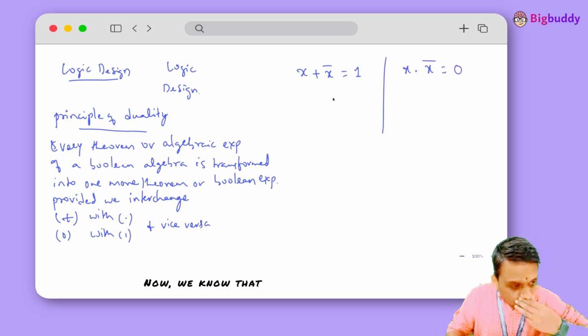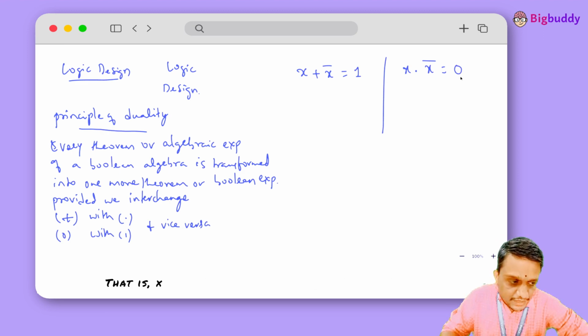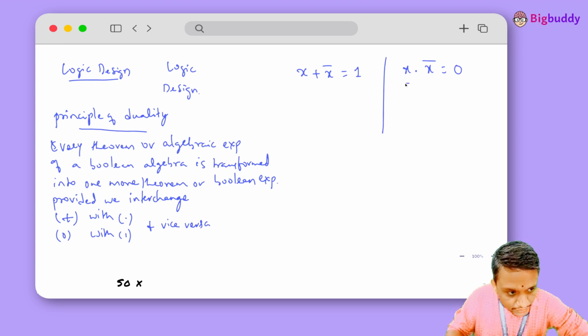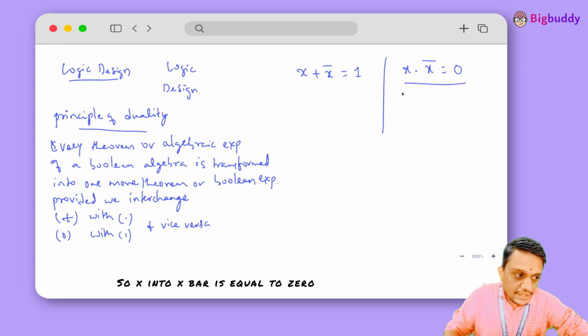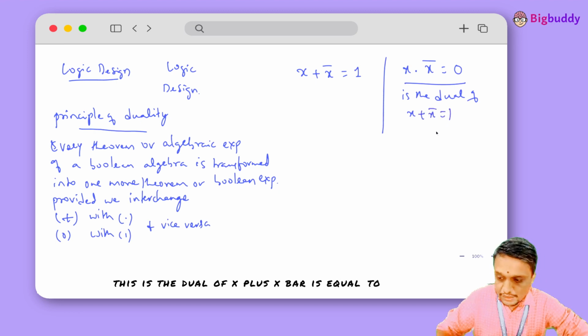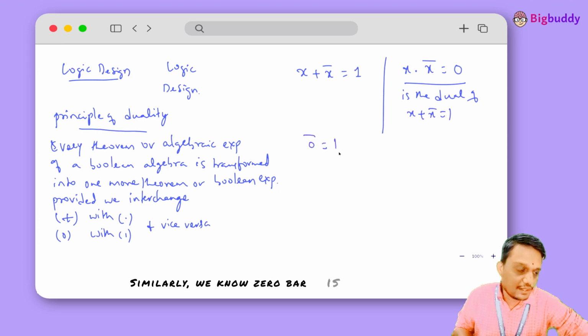Now we know that the dual of x plus x bar is equal to 1 is always true. That is, x into x bar is equal to 0 is also true. So x into x bar is equal to 0 is the dual of x plus x bar is equal to 1. Similarly, we know 0 bar is 1.